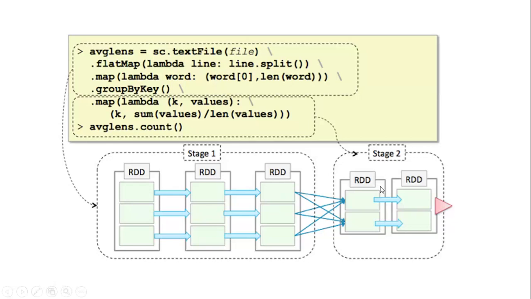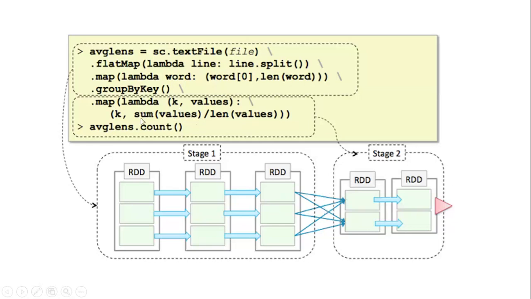Now when you do a group by and then a map of this nature, so you have a key and then value, and then you're calculating an average. This has to go across lots of key values. So when you do operations of that nature, there is going to be a shuffle or wide dependency.